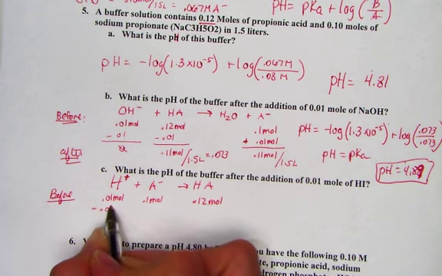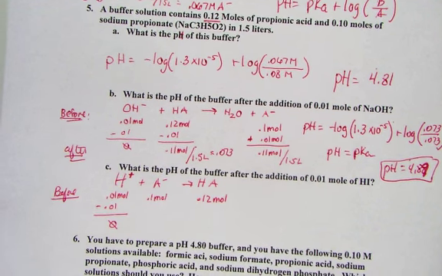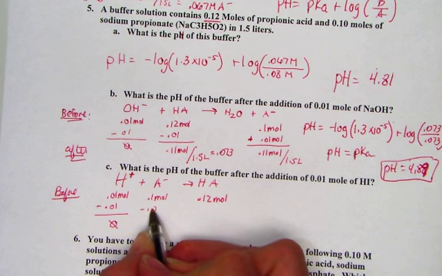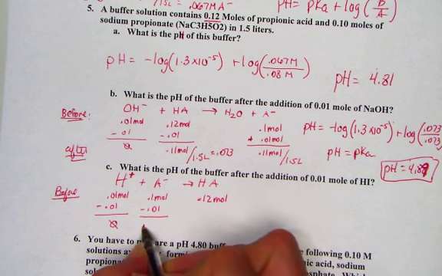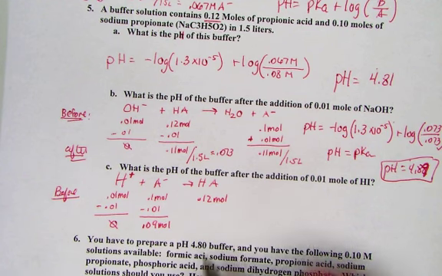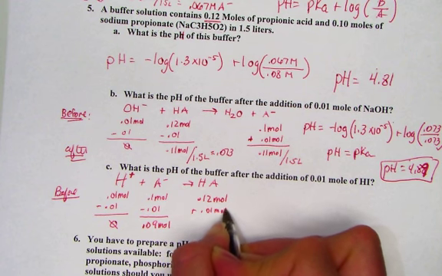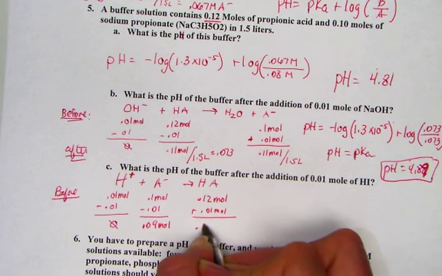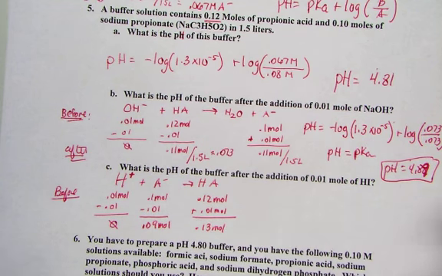The hydrogen ion definitely is the limiting reagent and will be left with 0 value. It will also consume 0.01 moles of the initial 0.1 mole of the conjugate base. 10 minus 1 is 9, so 0.09 moles of the conjugate base are left over. And products get made, so we're going to be adding 0.01 moles to give us a new value of 0.13 moles in our new solution.